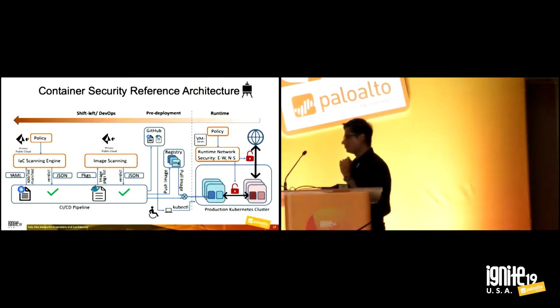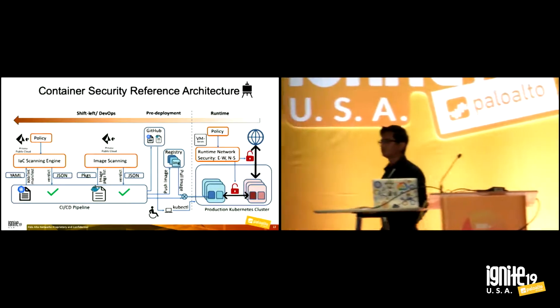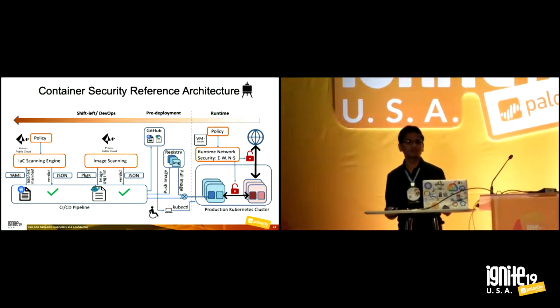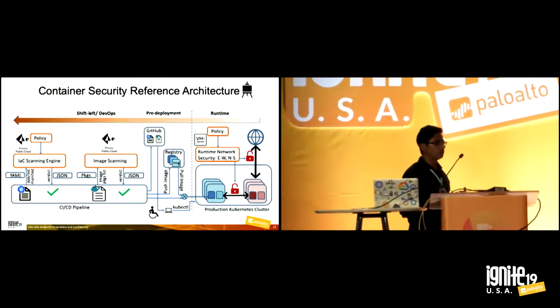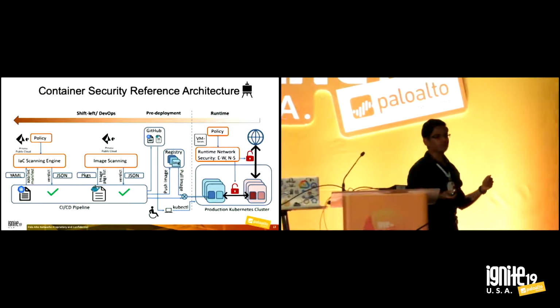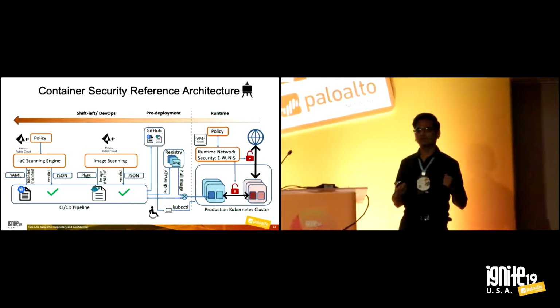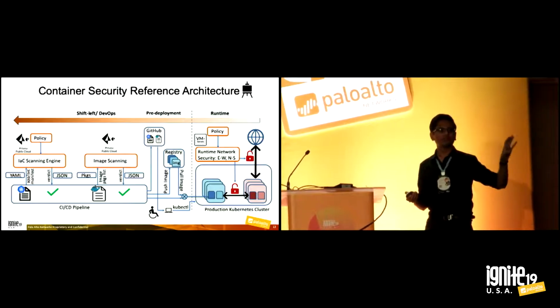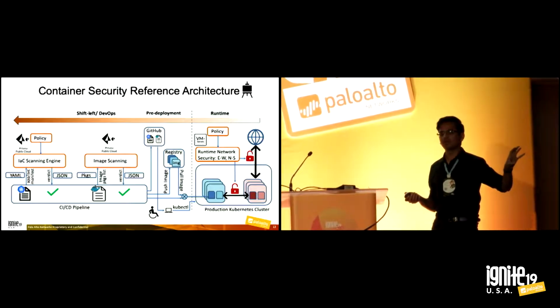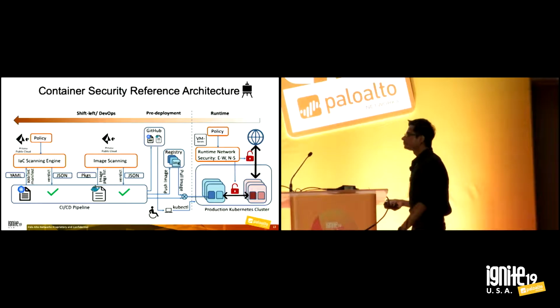For example, do not allow more than 0 critical or high severity vulnerabilities in this container image, or more than 5 medium severity vulnerabilities, or disallowed packages. You stop developers from using certain packages that you think are vulnerable.